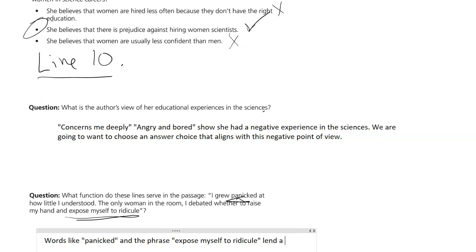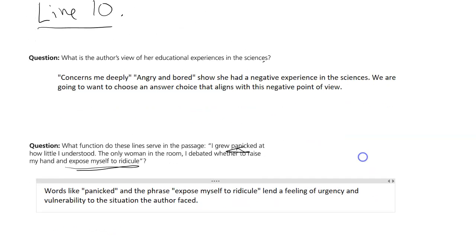They also lend a feeling of urgency and vulnerability to the situation the author faced. And this may evoke compassion in the reader and provide that real-life look at the results of bias against women in the sciences.